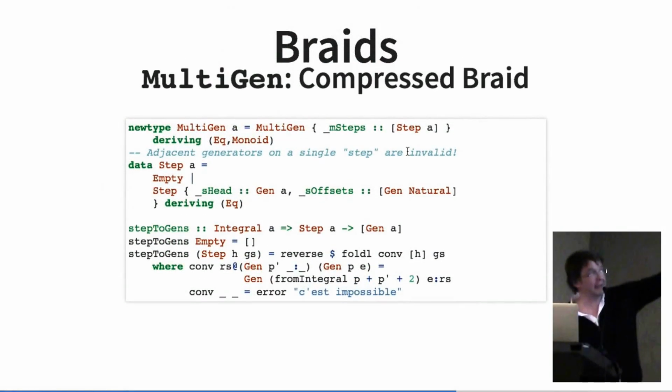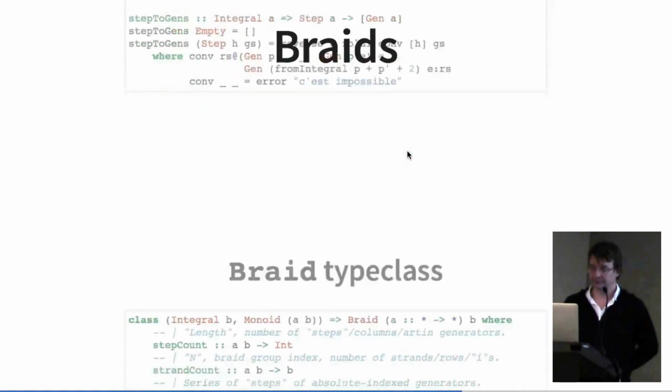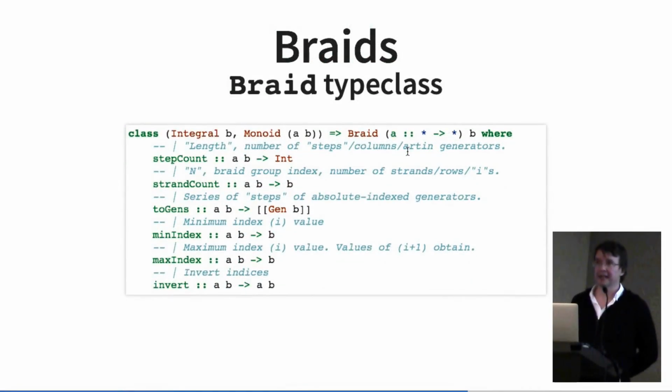So I have this step data structure where the first generator is at an absolute index, and any subsequent generators are at this index +2 offset. Then I have a whole bunch of insert, delete, and update functions to work with this, and you end up with a pretty nice data structure that basically cannot represent an invalid braid. Finally, I have the type class to make it so you can use all these things together. I added a few things, namely min index and max index, again because I can represent any integral value.